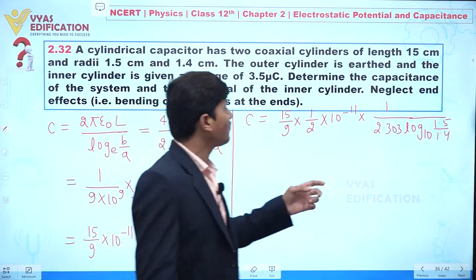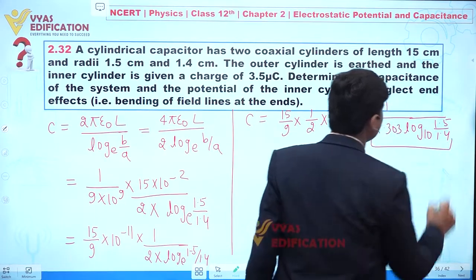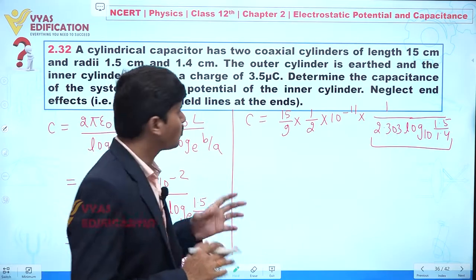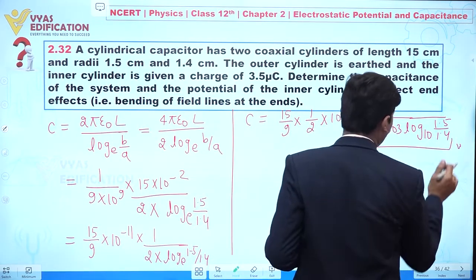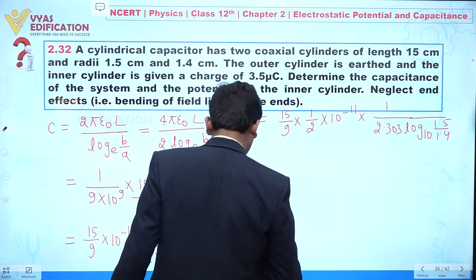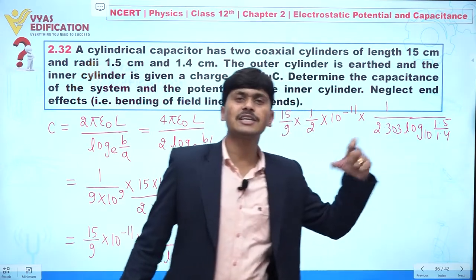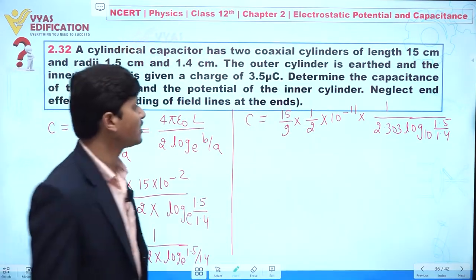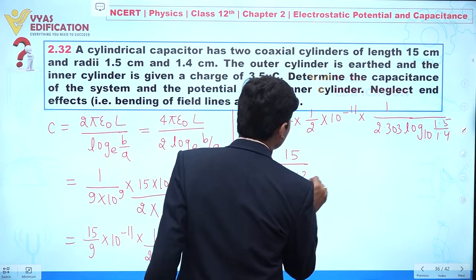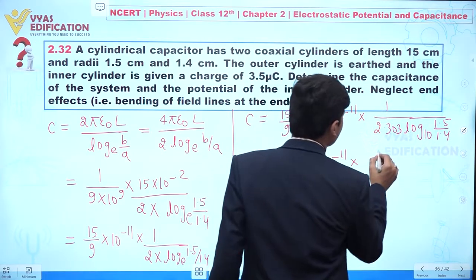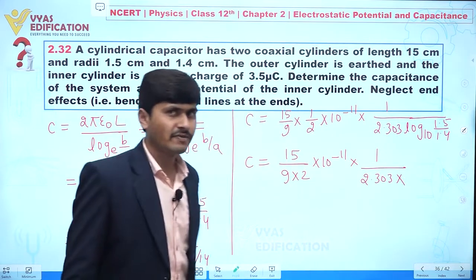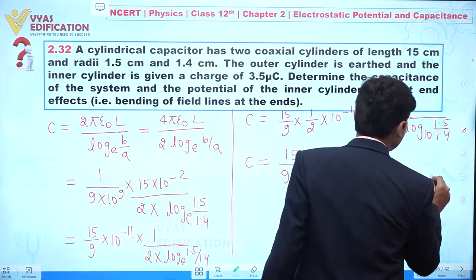Multiplying by 2.303, you will find 0.03. So the value of C is 15 upon 9 into 2 into 10 to the power minus 11, times 1 upon 2.303 into log base 10, which is 0.03.